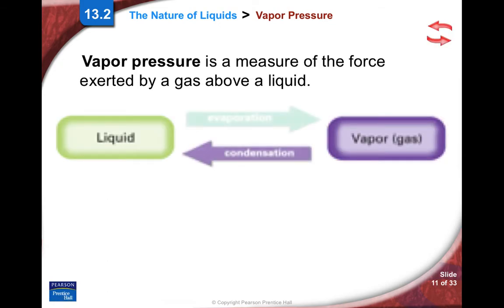This is a terrible graphic, I apologize, but it's what I've got. Vapor pressure is how much force that substance's gas creates, and it's really more important in a closed container. As you go from liquid to gas, that's evaporation. As you go from gas back to liquid, that's condensation.